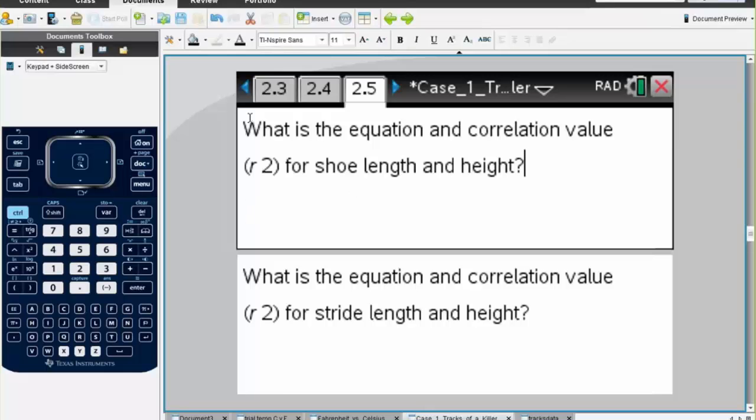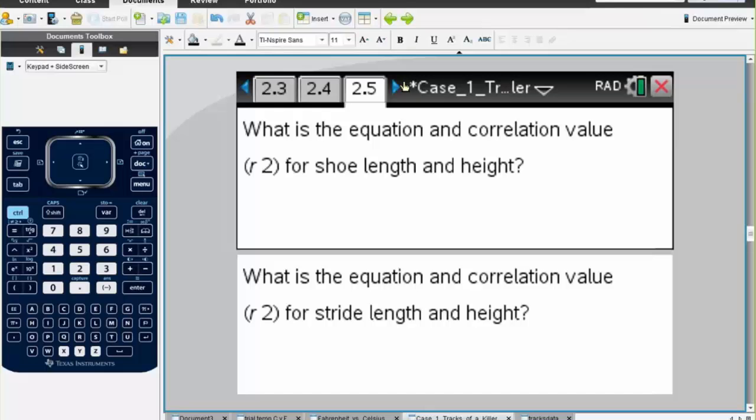Now, using that equation and the shoe length that you've got, by substitution, what height is the culprit, and by using the stride length and substitution, what height again is the culprit?